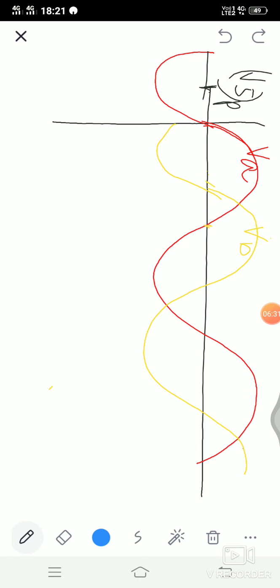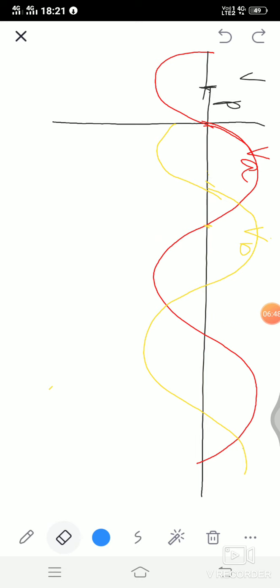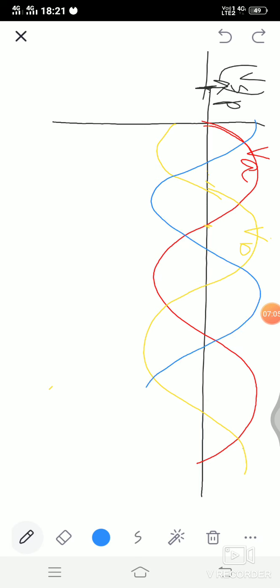So blue phase will be starting from somewhere here like this. So after completing this, you can rub this part also. So this way we have got blue phase. Okay, so this is your VC, right?